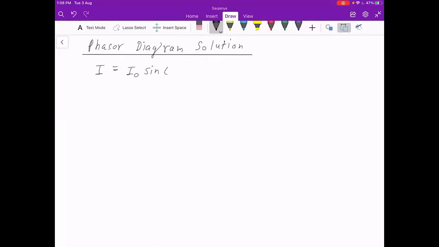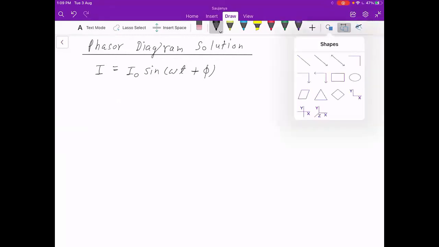We are writing in terms of sine because voltage is in terms of sine, plus some phase difference, which can be any value from 0 to 2 pi. You could take anything.